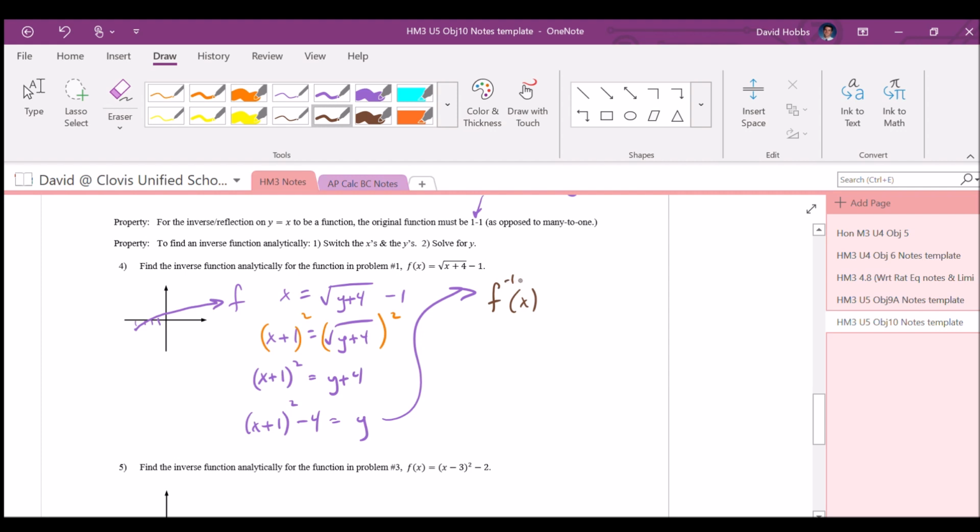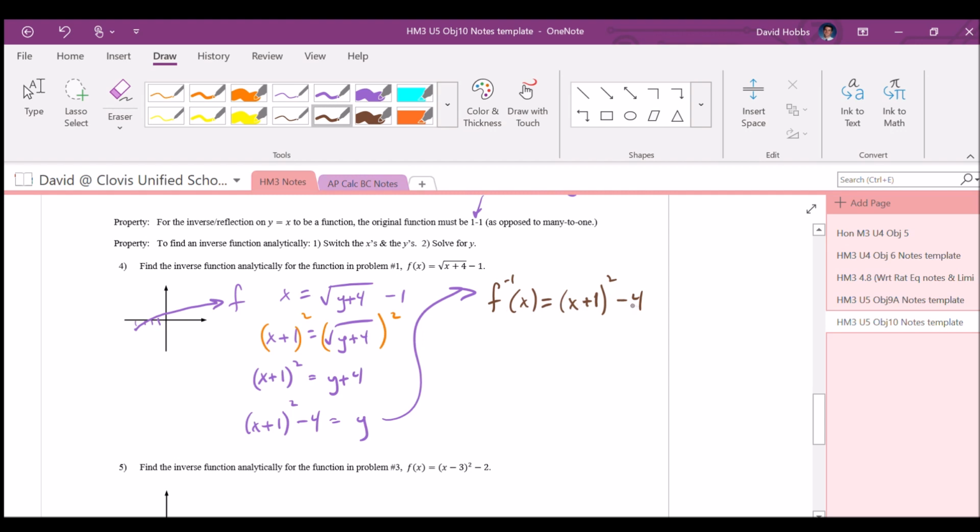It's read inverse function of f. It looks like a -1 exponent, but it's not actually an exponent, it's just notation. Okay, so that's f inverse is x plus 1 quantity squared minus 4.